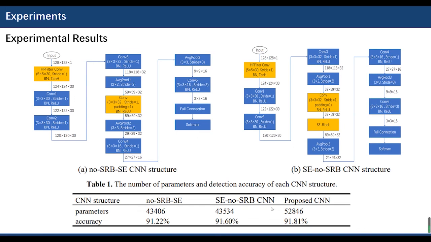After further adding the Steganalysis residue block to the CNN, the detection accuracy can be further improved and achieves 91.881%.